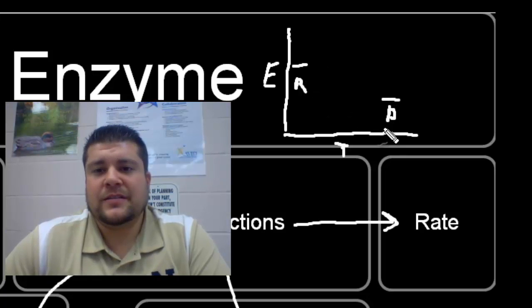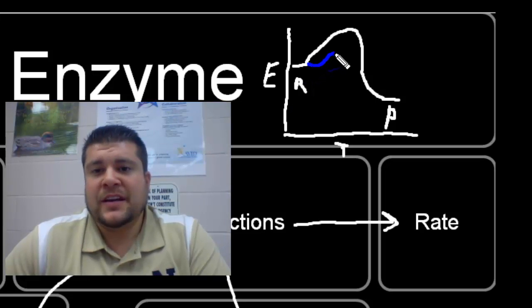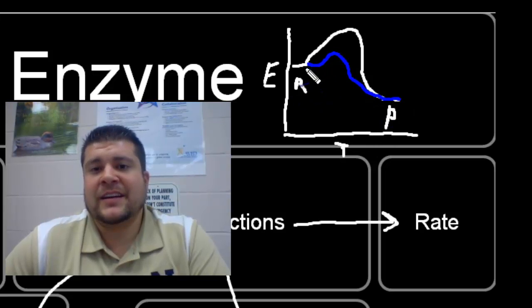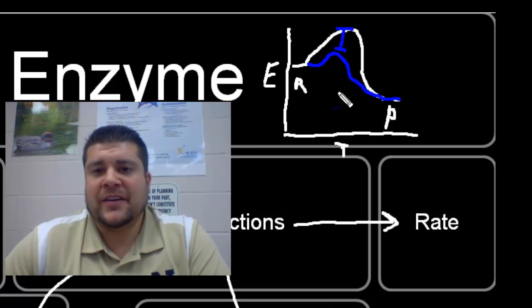Usually we would need a lot of energy to make those reactants turn into products. But in blue I'm going to have, with enzymes, it's just going to take a small hump and it will react and make products. So this activation energy is the difference between not having an enzyme and having an enzyme. And that can be a great amount.